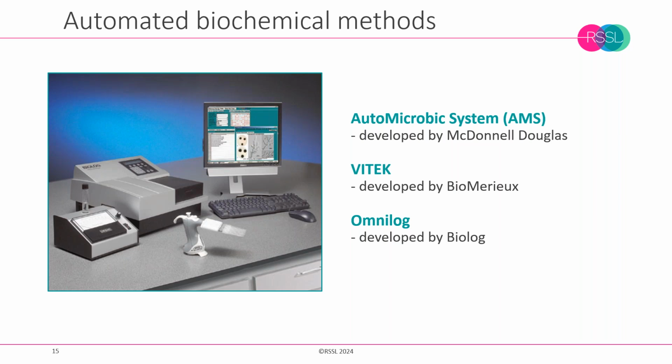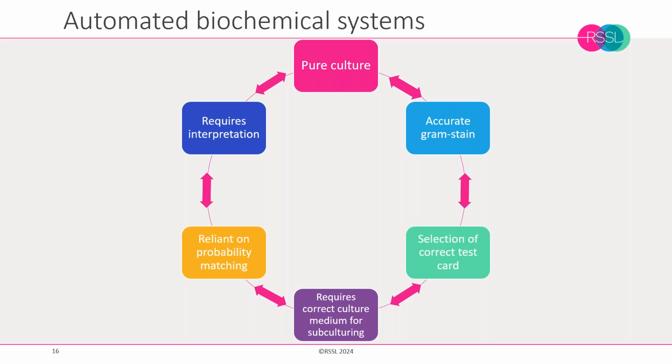Now, these types of systems have some prerequisites, so they do require pure cultures. They require cultures to be young, ideally within 18 to 24 hours. We have to produce an inoculum of a specific turbidity, and we also have to make sure that we're using the right type of growth medium.